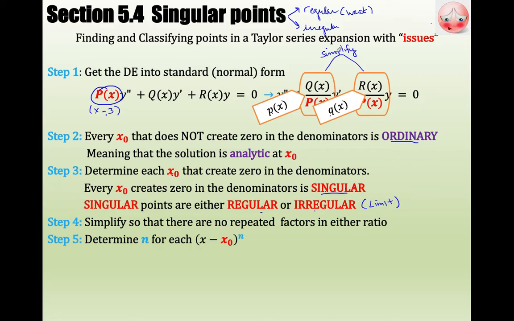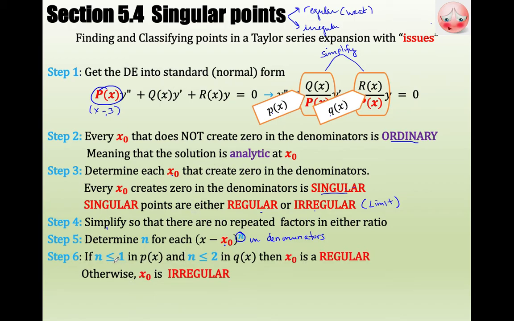Then you're going to look for the power of each singularity point in your denominators. That's why you need to simplify first, in case there are any matching factors. So I need to look just at my denominator and see what the power is, how many times I see x minus 3 represented in each one of my denominators.